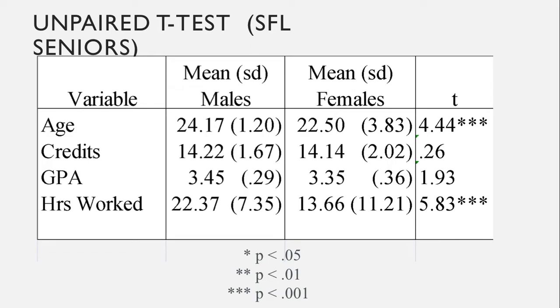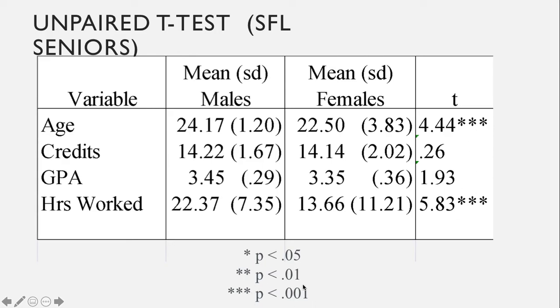So here's an unpaired t-test. We have males and females, and then we have these various continuous variables: age, credits, GPA, hours worked. And here are the means. Now, if you look at this, these asterisks indicate which ones are significant and at which level.